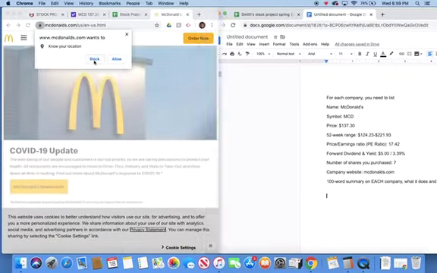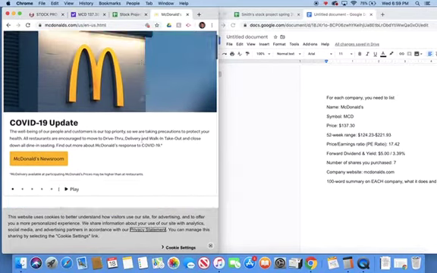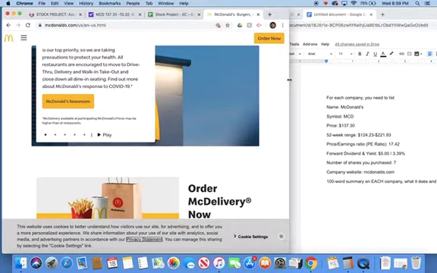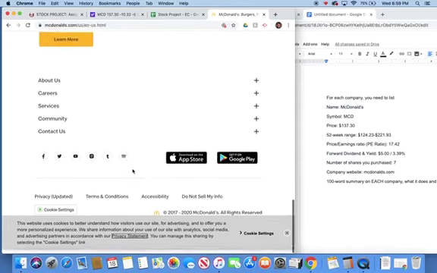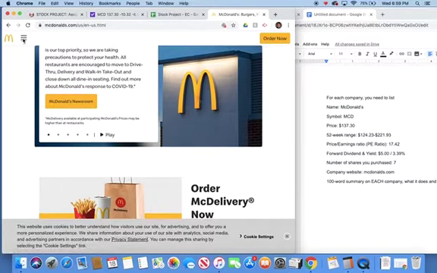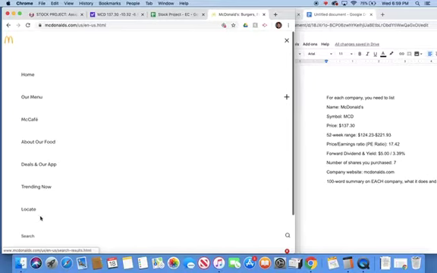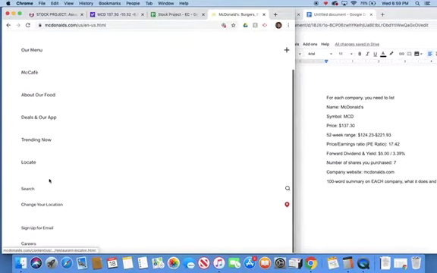Now, when you get to a company website, you can find out a lot about the company. But one other thing you can often do is look at the bottom or a top menu, where there's going to be an investor relations tab for the company.